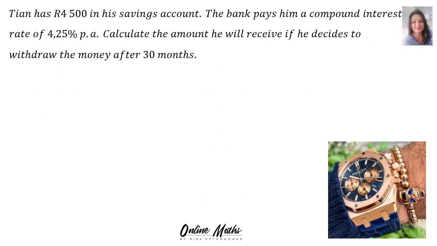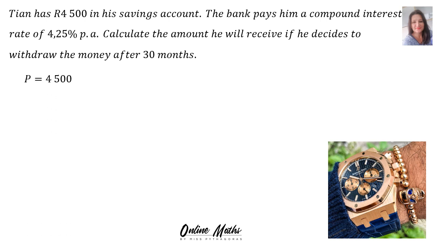Let's do another example. Tian has 4,500 rand in his savings account. The bank pays him a compound interest rate of 4.25% per annum. Calculate the amount he will receive if he decides to withdraw the money after 30 months.